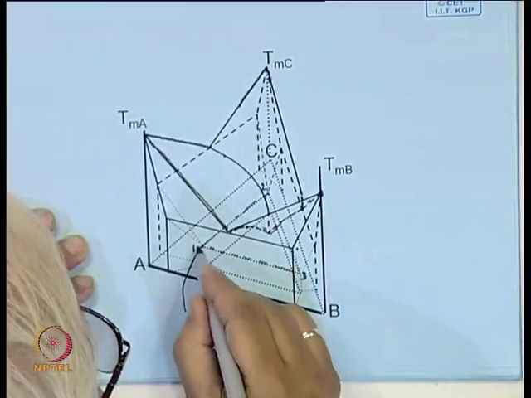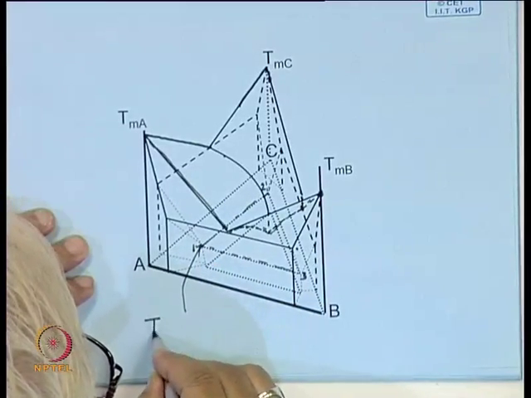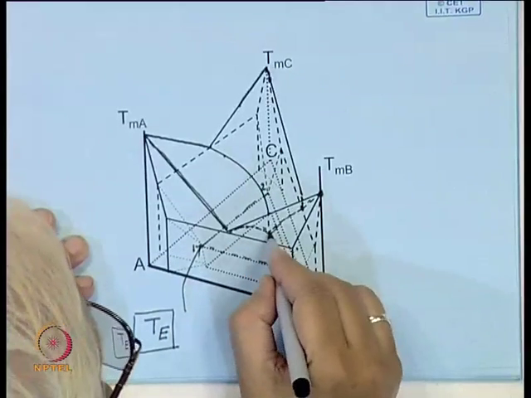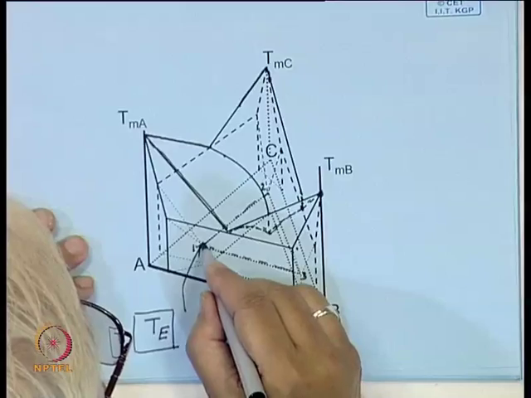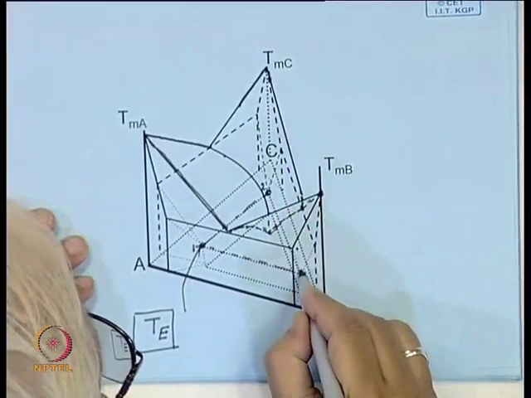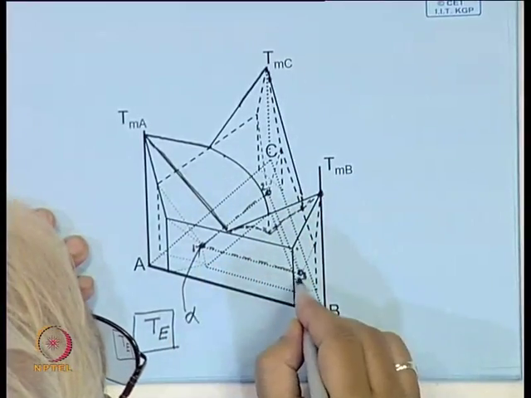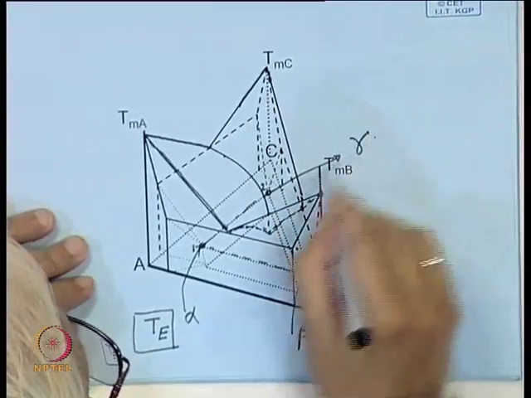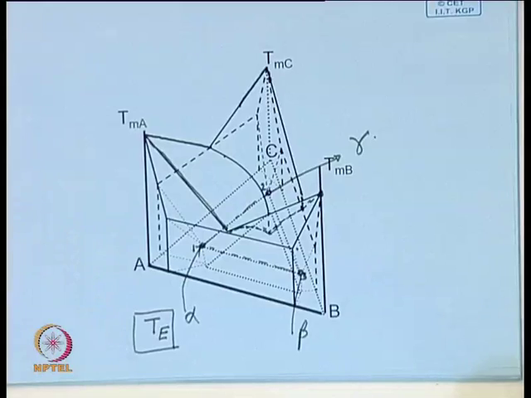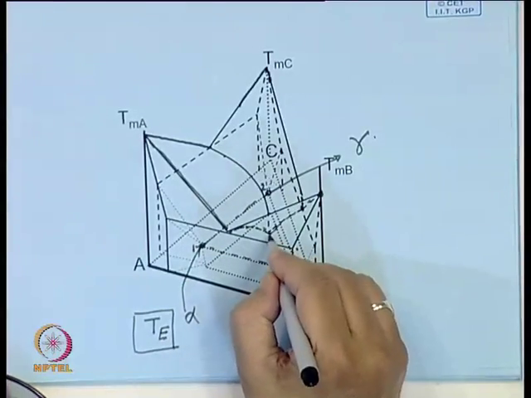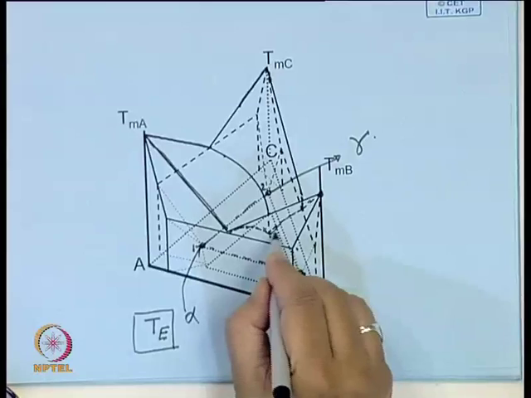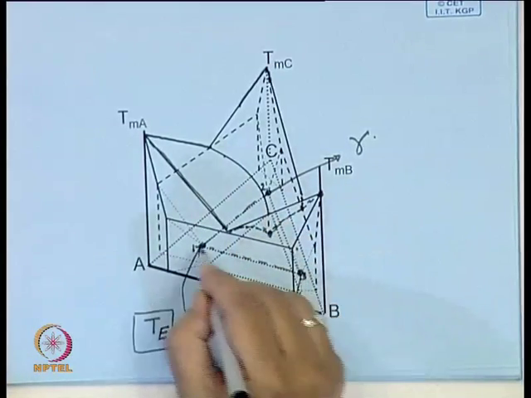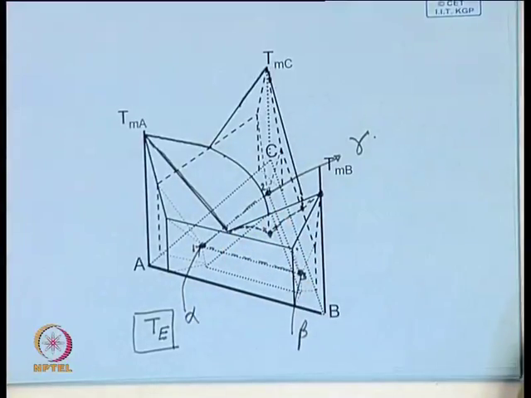This is the eutectic temperature, the isotherm at the eutectic temperature, where all these are meeting, and these are the fixed compositions. This is alpha, this is beta, and this is gamma, and they have fixed compositions. So, at this temperature T, there will be equilibrium between liquid of specific composition and 3 solids of specific compositions, that is 1, 2, 3.